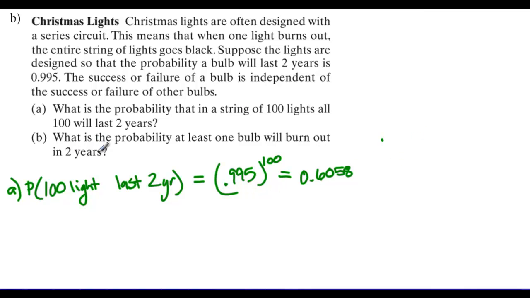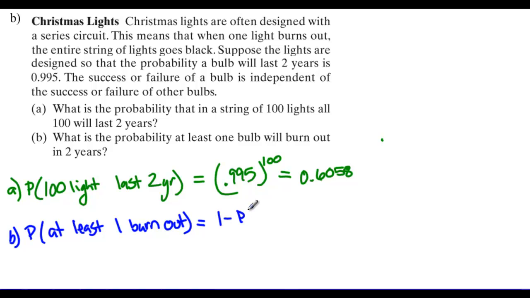And then for B, what's the probability at least one bulb will burn out? So for part B, the probability of at least one burnout is going to be 1 minus the probability of no burnouts. Because remember, the opposite of at least one is none. So 1 minus the probability of no burnouts.